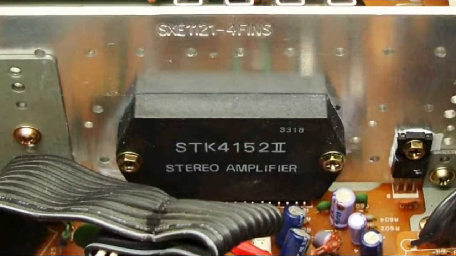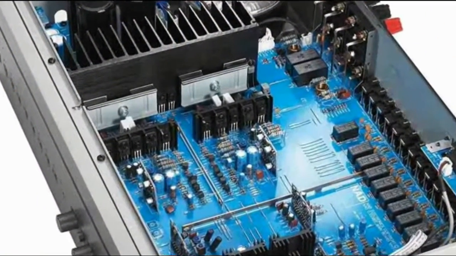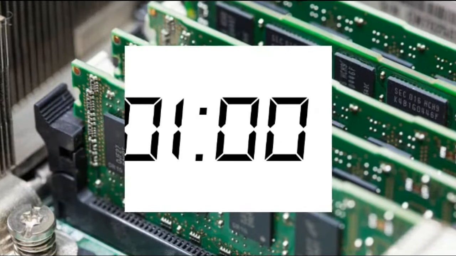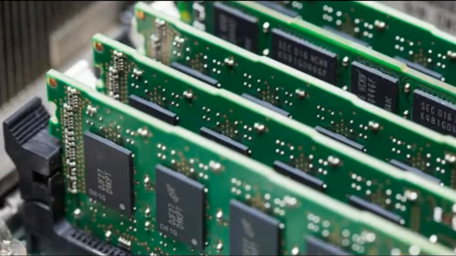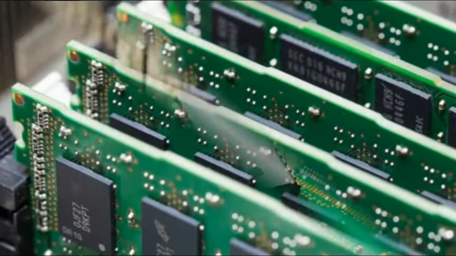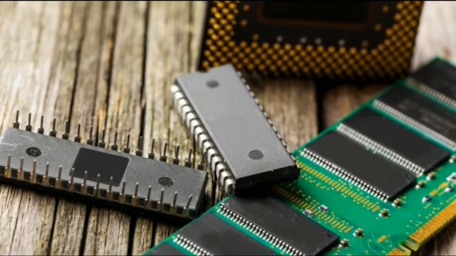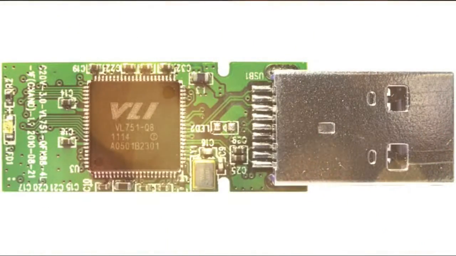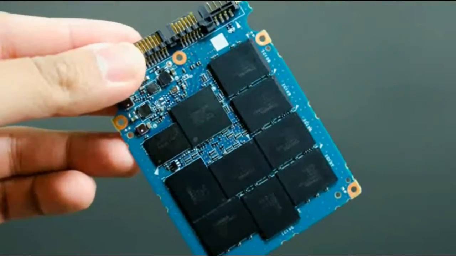These types of ICs are used to manage and control electric power, such as DC-DC converter ICs and power amplifier ICs. Memory ICs. These types of ICs are used to store and maintain information digitally. They are used like RAM, ROM, and flash memory.